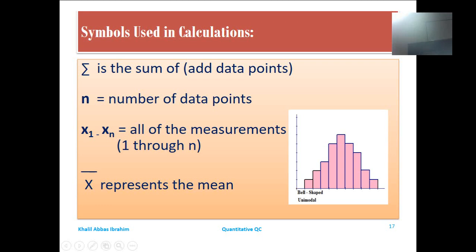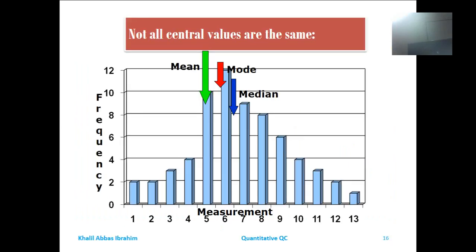X1, X2, X3 up to Xn are the measurements, all of the measurements that you have carried out in the laboratory, from 1 through N. X bar represents the mean, that value which you have calculated, which stands for the true value that we are adopting in the laboratory, which is very necessary as an indicator to follow the examination of the situations.